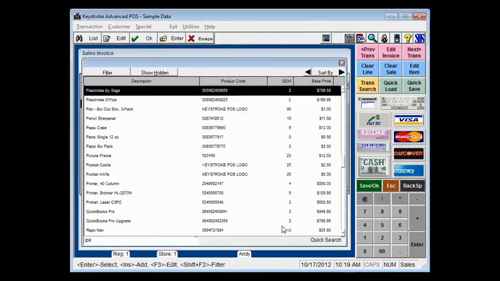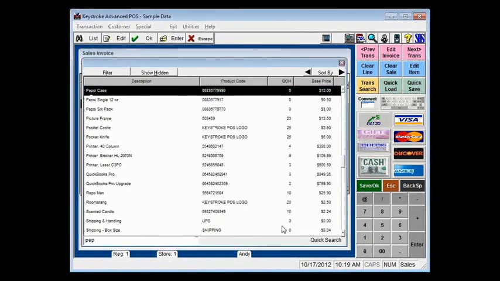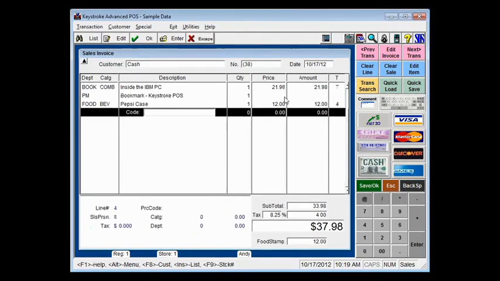So now I'm going to do something with the bottle deposit. This is a case of Pepsi, and it's going to get 24 times a nickel, so it's going to be $1.20 in the bottle deposit plus the regular tax. Notice here this shows you what may be available for food stamp or EBT if it's set up.